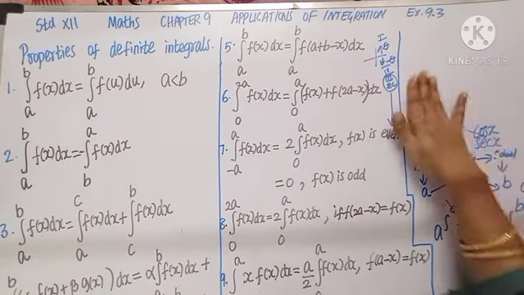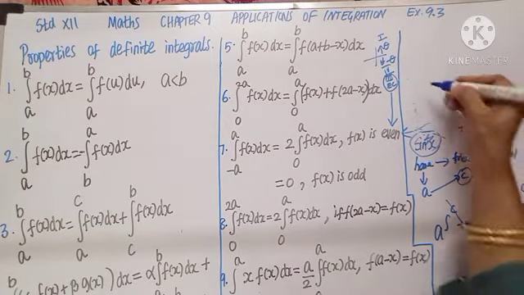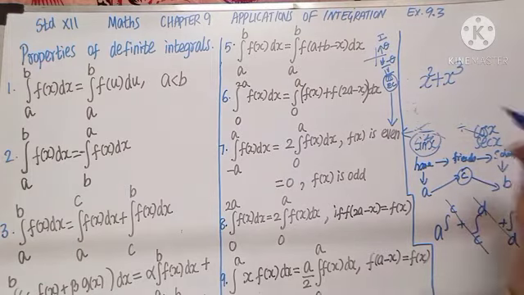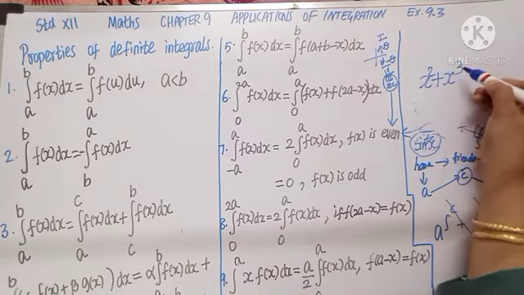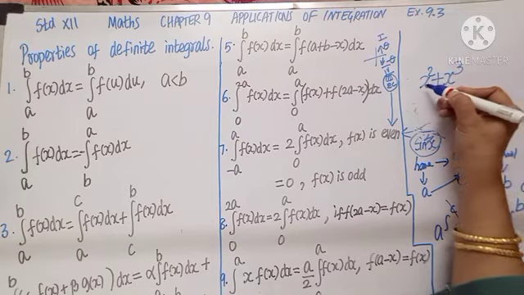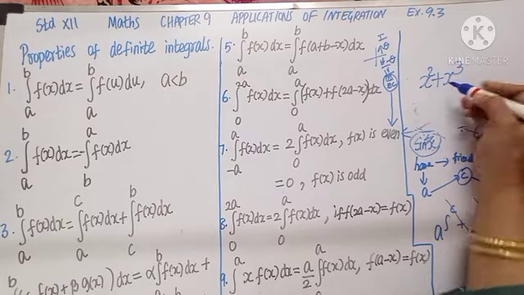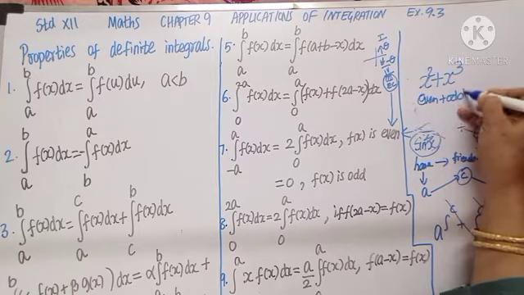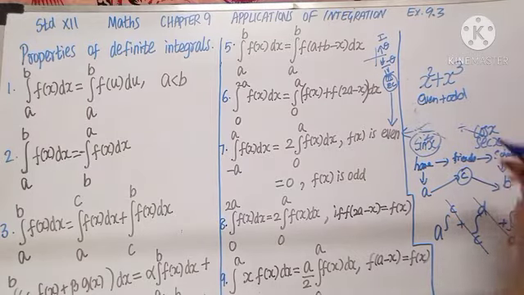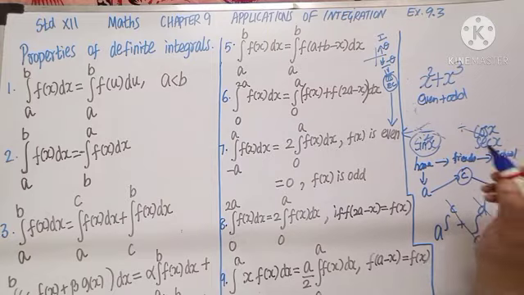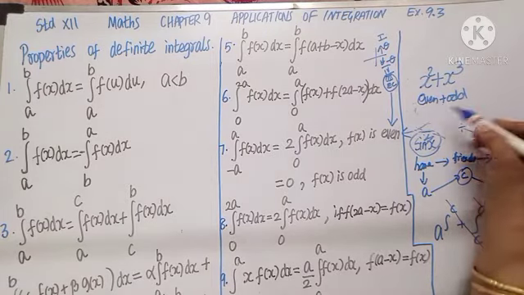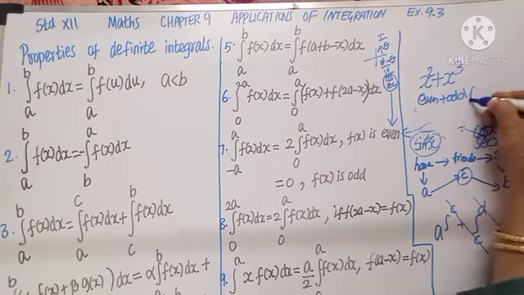Suppose I give you a problem. An example, x square plus x cube. What function is it? Here even power, here odd power. This is even, this is odd. When I add even plus odd, my answer is neither even function nor odd function. Remember, it is not ordinary numbers, we are in functions.